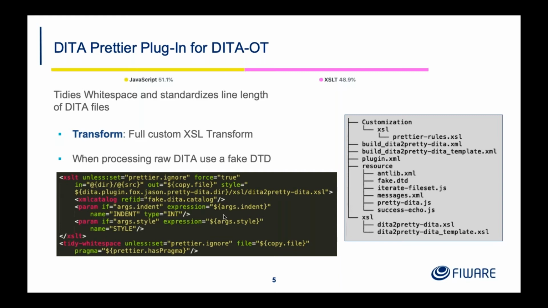If we have a look at this tidy white space function, once again we have a series of resources, and there's a small problem we have here, in that this particular plugin is not processing processed DITA, it's processing the raw DITA files, so it's got all the document type headers.